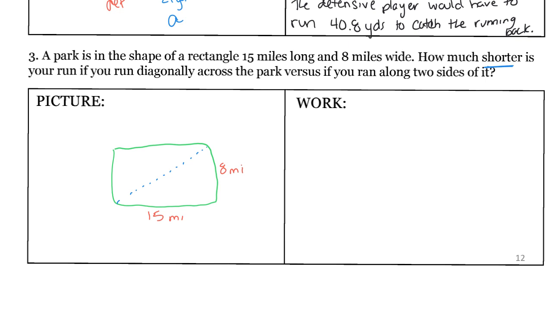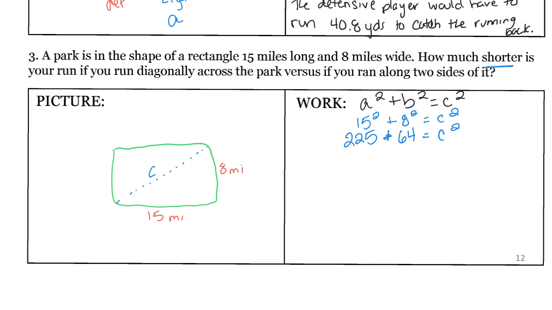So first thing we need to do is find how long the diagonal is. So let's find the diagonal by using the Pythagorean theorem. Okay, so we have 15 squared plus 8 squared equals c squared. 15 squared, hopefully you remember, is 225. And 8 squared is 64.